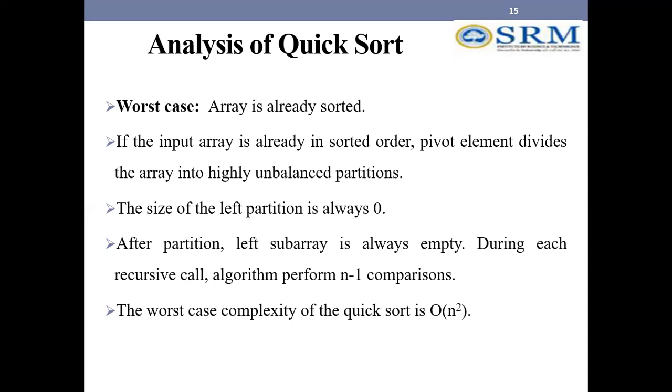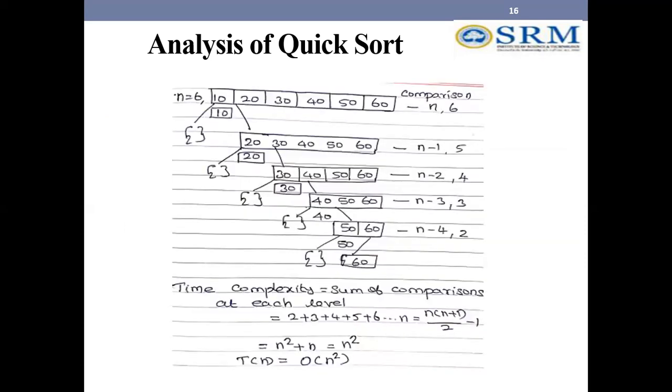Because n into n, there are n iterations, each iteration with n minus 1 comparisons. So n into n minus 1, n squared, is the time complexity of QuickSort. This is the worst case complexity of QuickSort, order of n square. Analysis of QuickSort, this is a worst case example. See here, the input is already in sorted order.